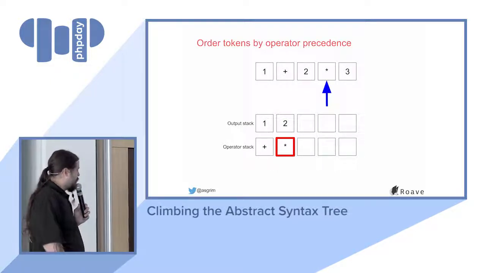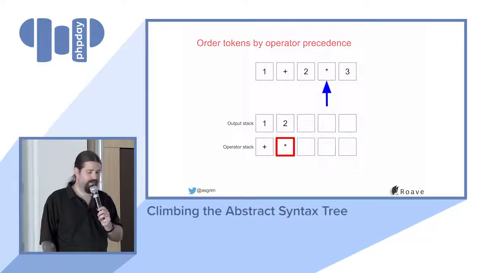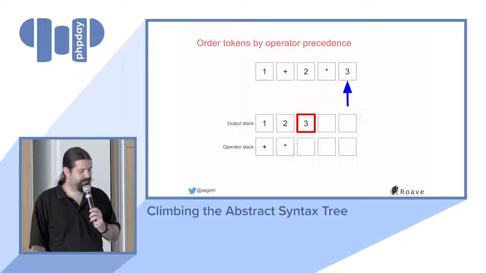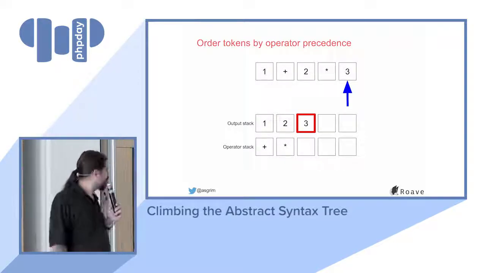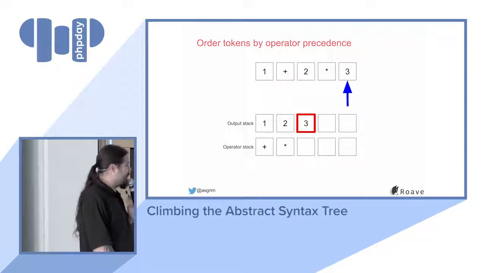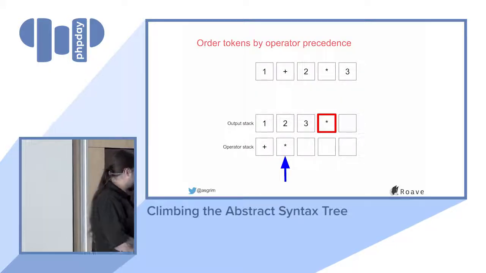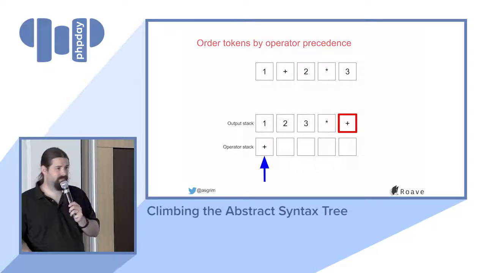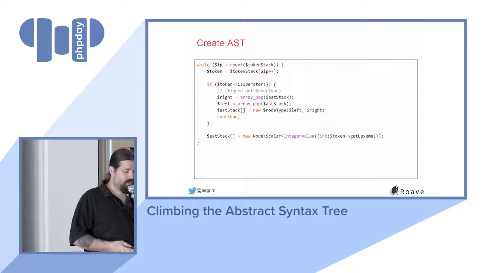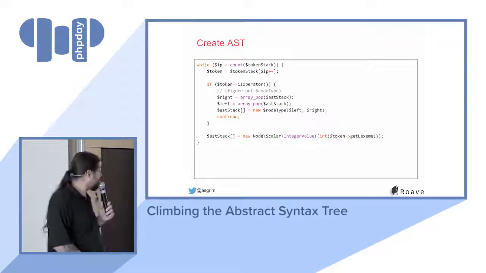The next is an operator, and because it's of higher precedence, that's okay. We can add it straight on there. We don't need to pop anything off yet. And finally, we add the last value onto the output stack. And then at the end, you remember, we pop off all of the operators and put them onto the output stack. That look familiar? So we have this stack of tokens now in reverse Polish notation order.